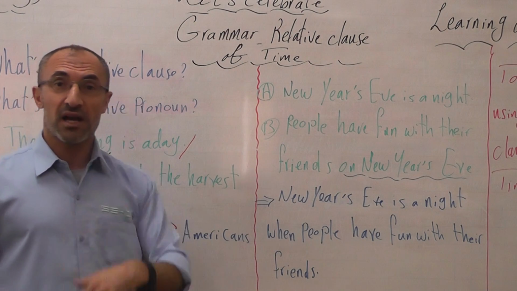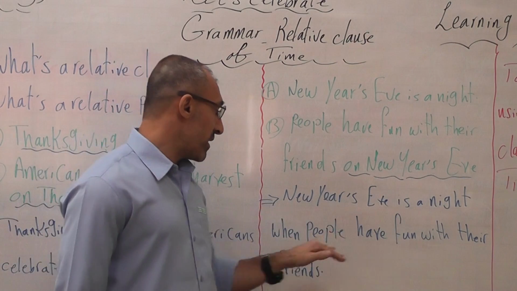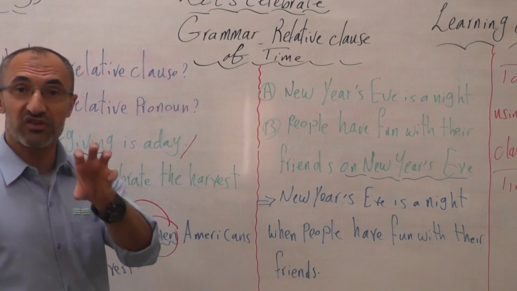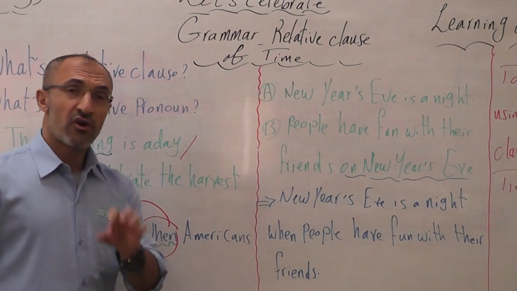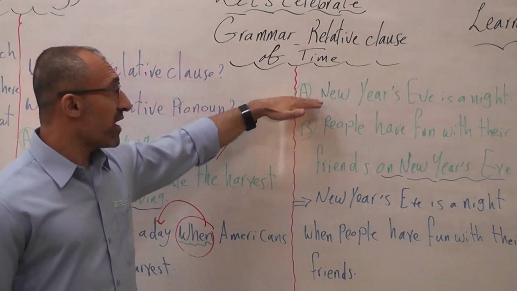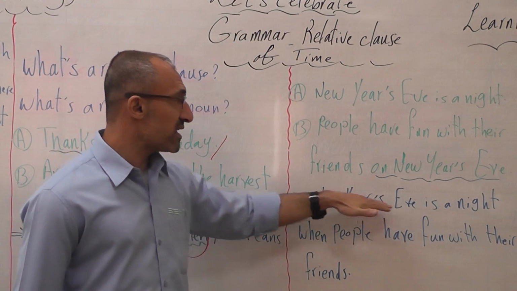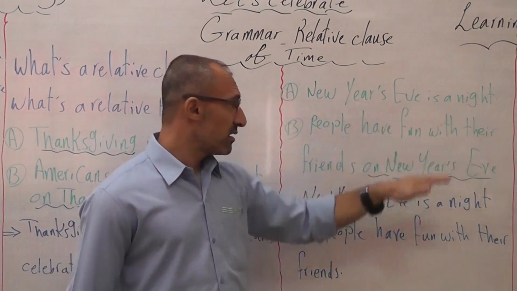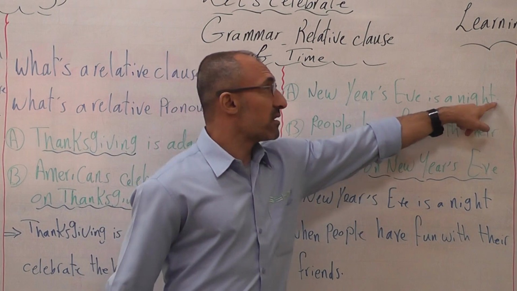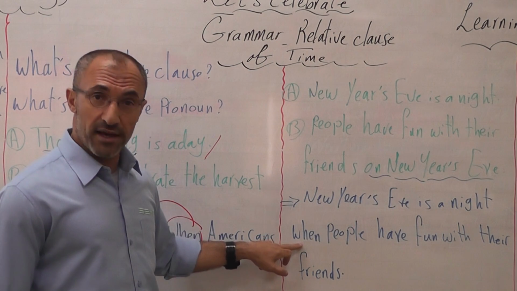Okay? Let's combine the two sentences together using what? Using when. Why? Because we are dealing with a relative clause of time. So, I will write the first sentence as it is: New Year's Eve is a night, yes. Then omit the dot, replace it with when.